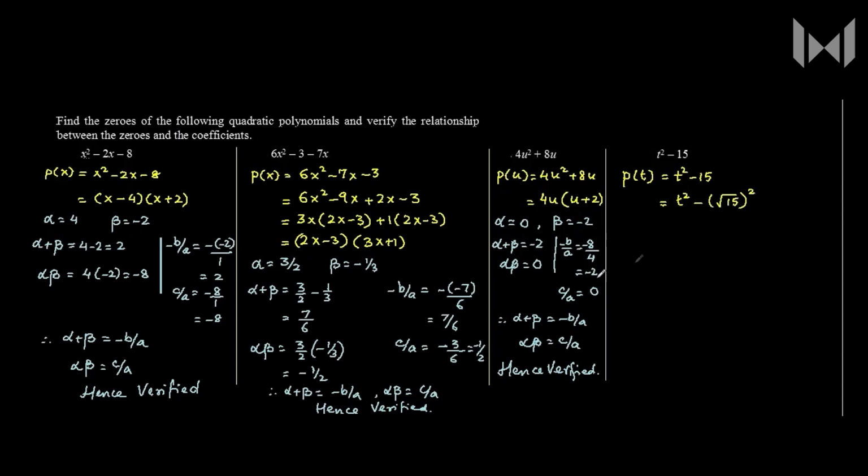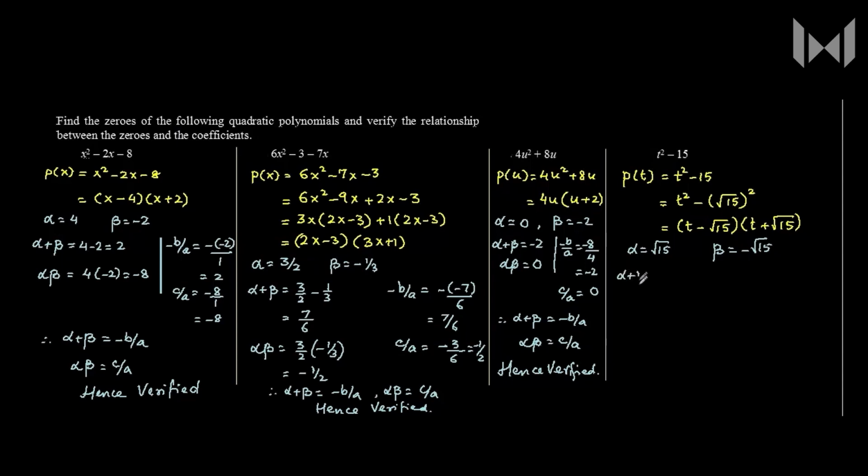Now we know 15 can be written as root 15 the whole square. And factorizing this, a square minus b square is (a minus b)(a plus b), so (t minus root 15)(t plus root 15). And that gives alpha as root 15 and beta as minus root 15.